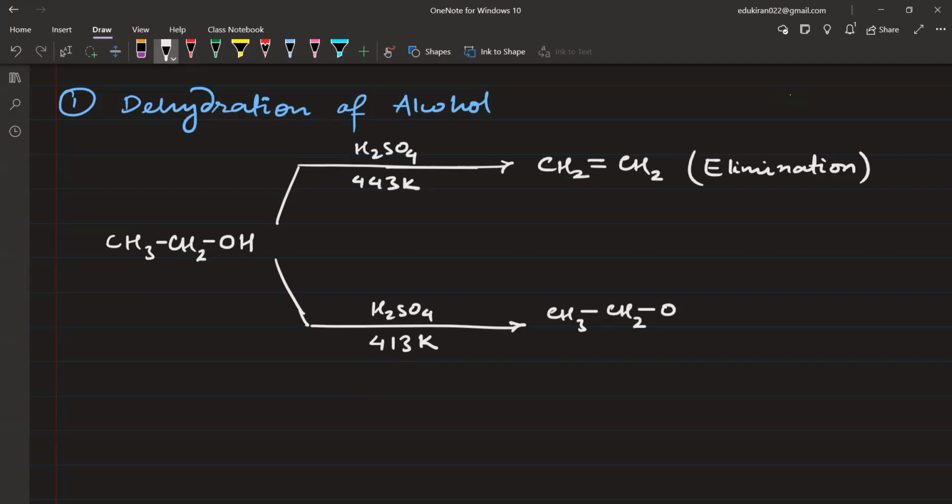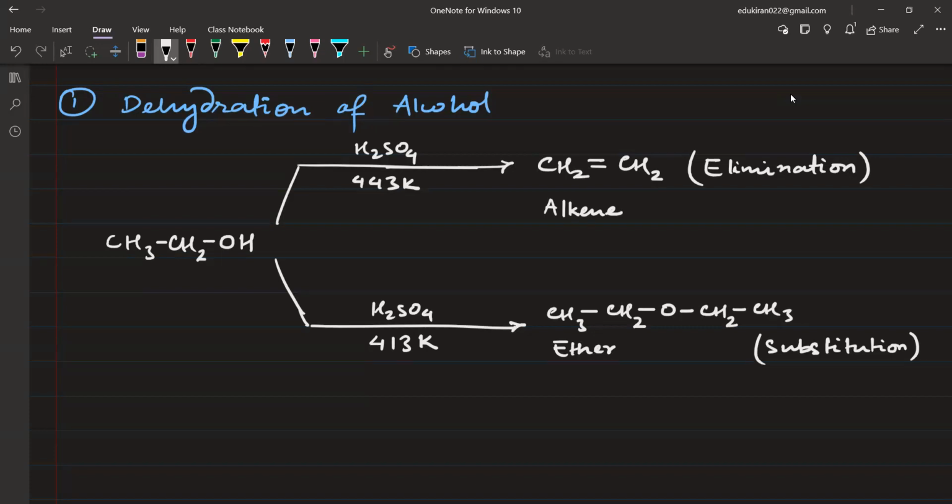This hydrogen is replaced by one more alkyl group, CH2, CH3. So in this case, substitution reaction is happening. Here we got alkene. Here we have got ether.